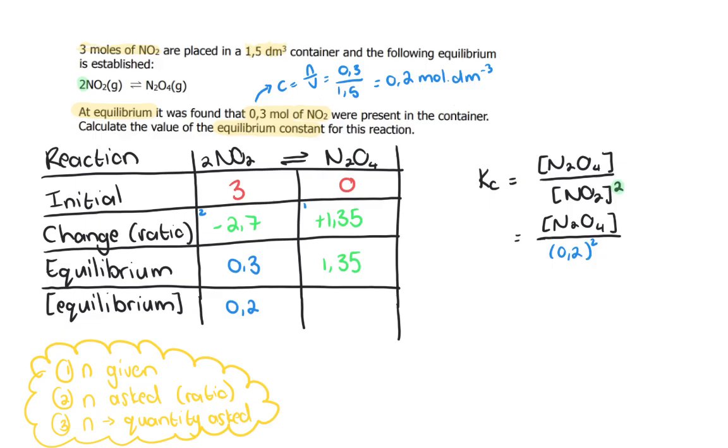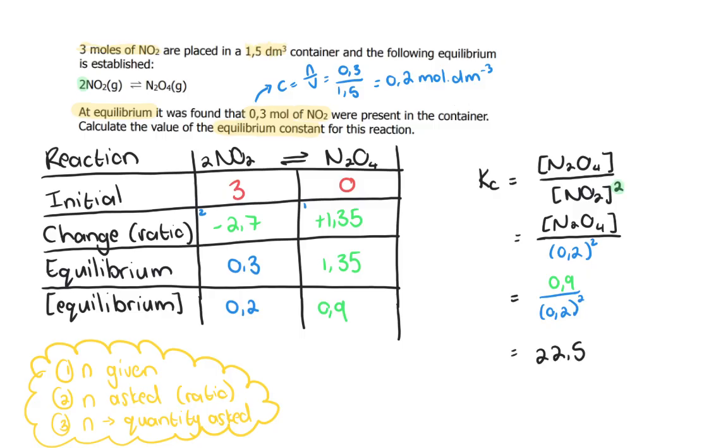So I can calculate the concentration at equilibrium. Again, I just divide by the volume, which is 1.5, and then I get a concentration of 0.9 moles per cubic decimeter. And then I just input that value over here. So it's 0.9 over the 0.2 squared. And then I get a value of 22.5.